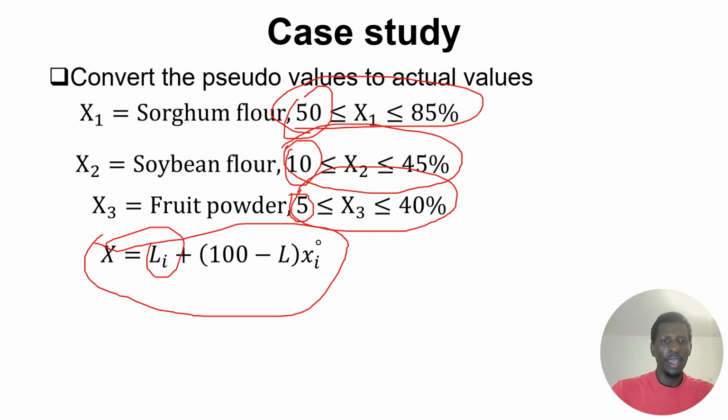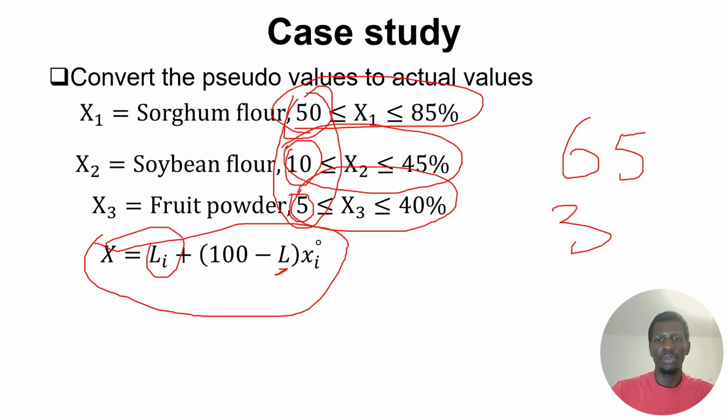Then L is the sum of all the lower limits. These are the lower limits, 50, 10, and 5. The sum of all the lower limits will then be 65. Then 100 minus L will be equal to 100 minus 65, which equals 35.